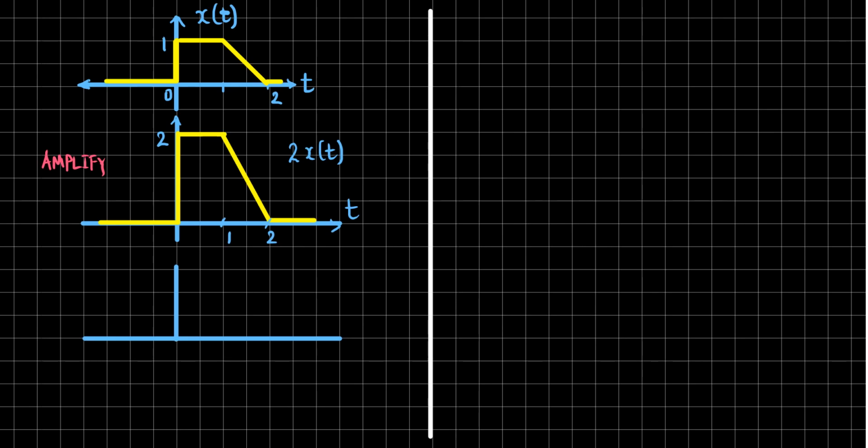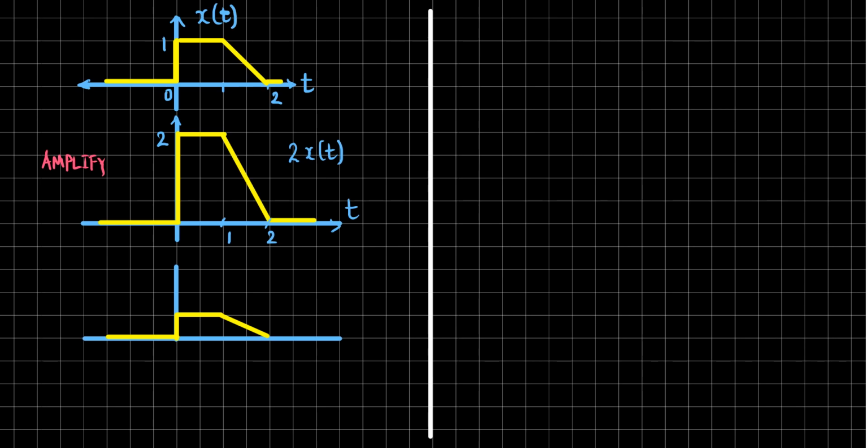So the value that was here as 1 will get halved. Therefore, the new signal will look something like this. What is the value here?